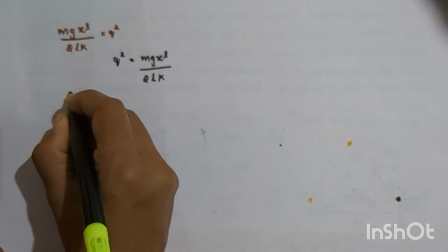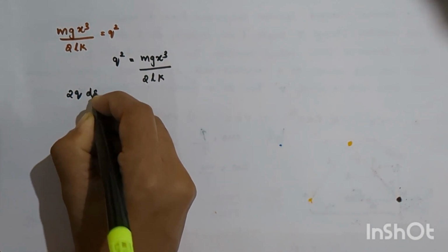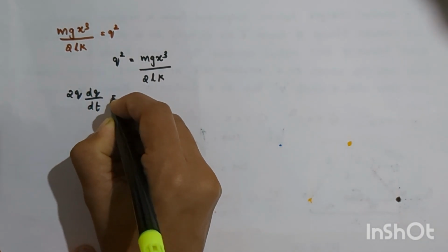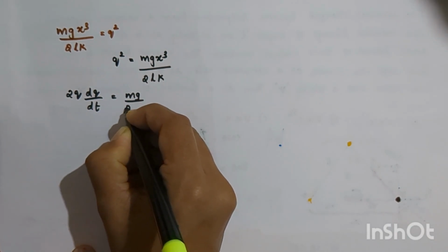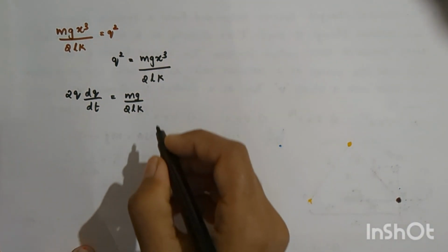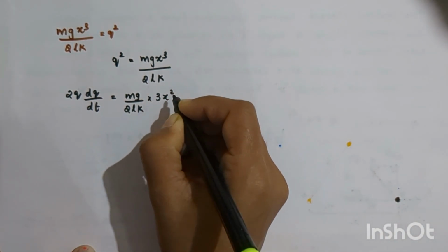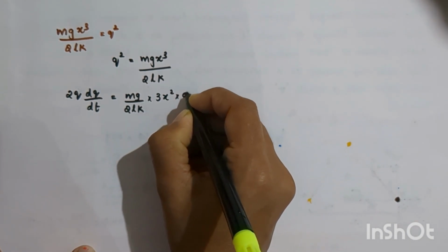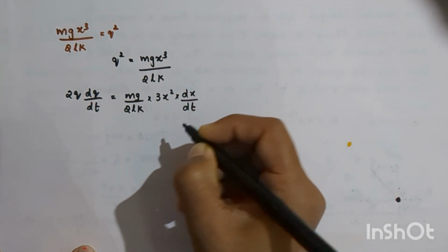The derivative of q square is 2q dq by dt, which is equal to mg by 12k, constants. Then x cube: the derivative of x cube with respect to time is 3x square, and with respect to time there will be a dx by dt term.